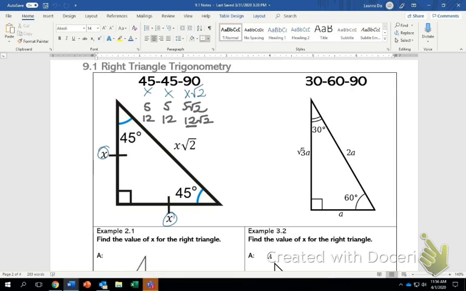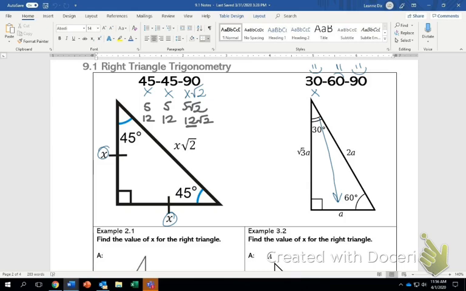Now, the same sort of relationship exists between a 30, 60, 90 triangle, and it is a slightly different relationship, but a relationship nonetheless. And usually when I teach this, I think about it as, you know, the outside is pretty happy because it's spacious, but the middle is a little unhappy because it's really weird. So across from our 30-degree angle, all right, we have just x, or in this case it's annotated by a, but it's just x.